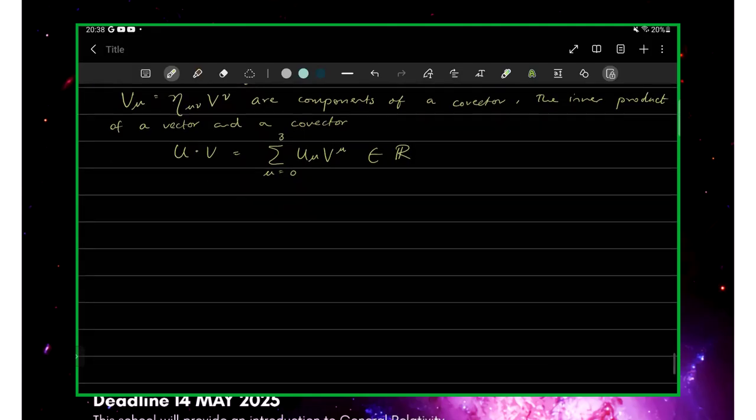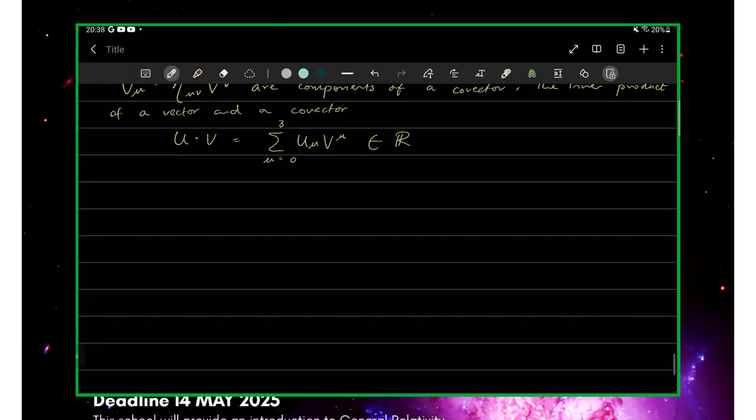Now, let's finally and formally define what a covector is. So we understand what it is, but let's define it.